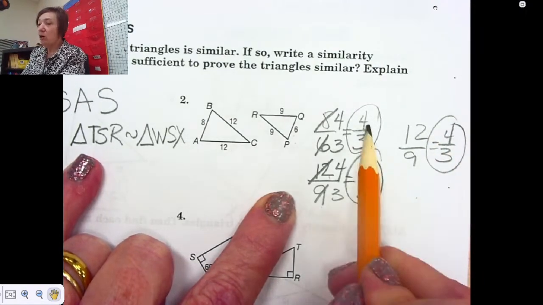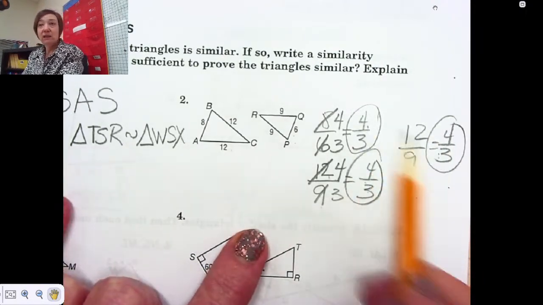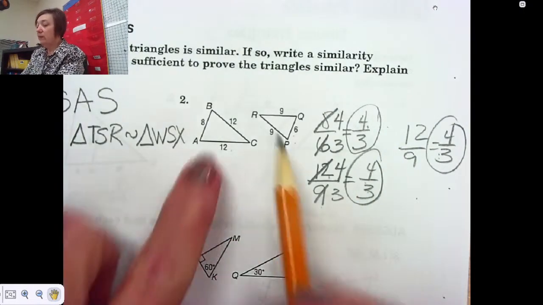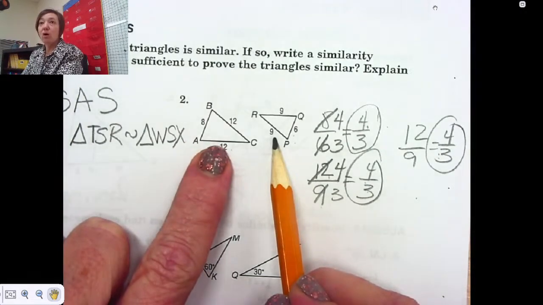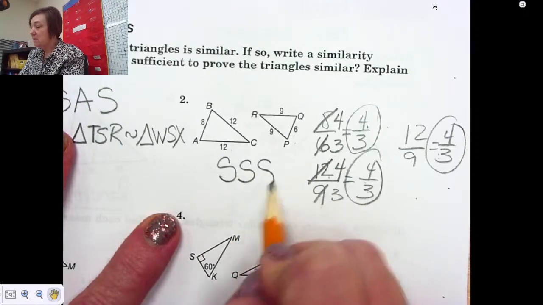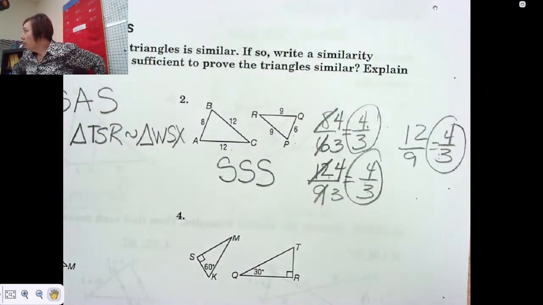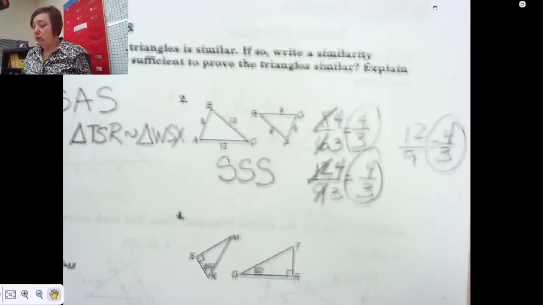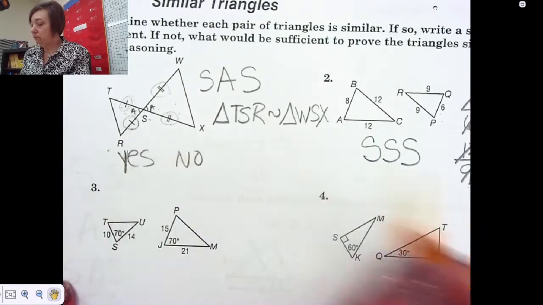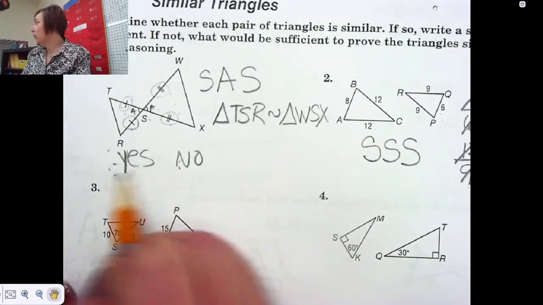So because our 3 sets of sides are proportional, these 2 triangles are similar based on side, side, side similarity, right? Now, when you do the practice side on the interactive worksheet, you're going to select yes, they're similar, or no, they're not.